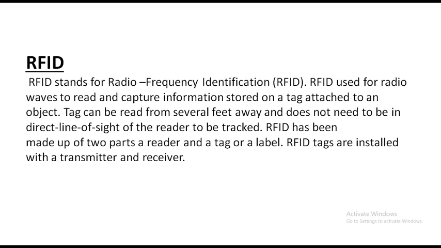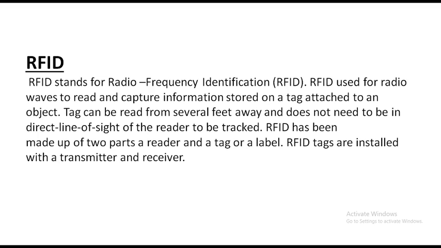For identifying the places they used RFID. They tied an RFID tag on each sportsman. That tag has the information about the person: their name, their country, their number, everything.